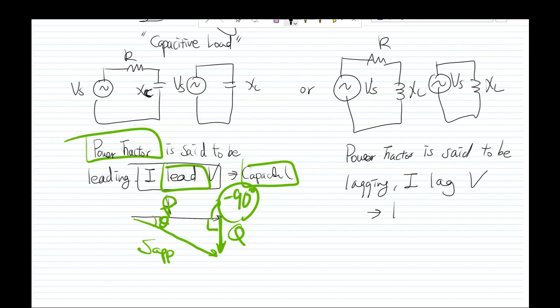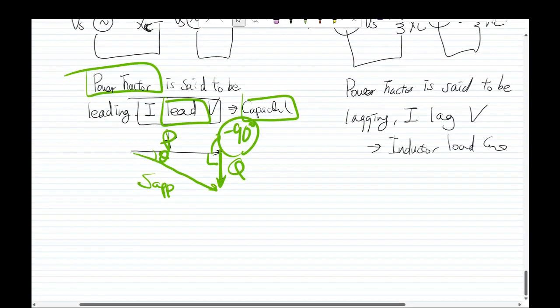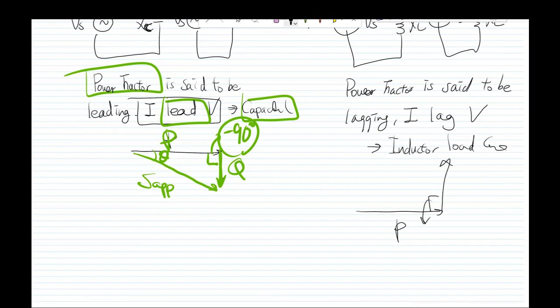This is the inductor load case. Okay. So for this case, P, oh, oops, I'm sorry. For this case, P and Q, Q is upward because for the pure inductor case, that is 90 degrees here, Q and S sub app. Okay, that's my setup.